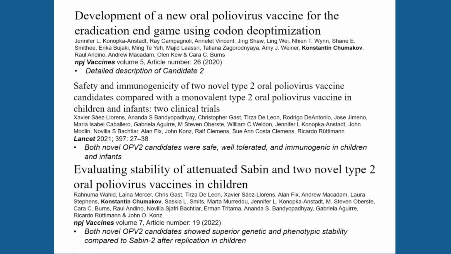And the conclusions were that both novel OPV2 candidates were safe, well tolerated, and immunogenic in children and infants. That was one conclusion. And then in a second study, both novel OPV2 candidates showed superior genetic and phenotypic stability compared to Sabin2 after replication in children.